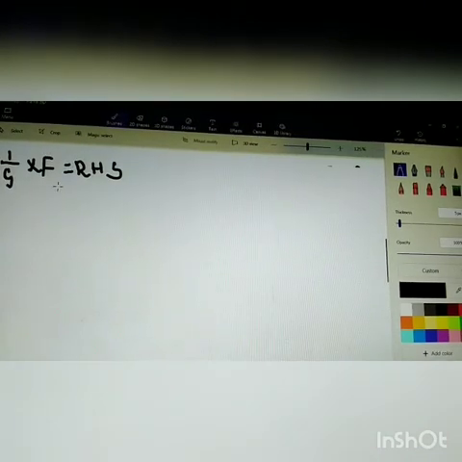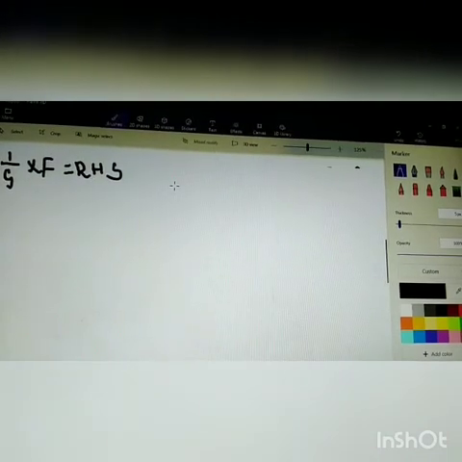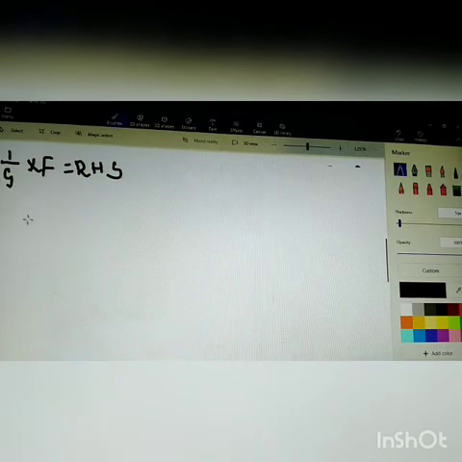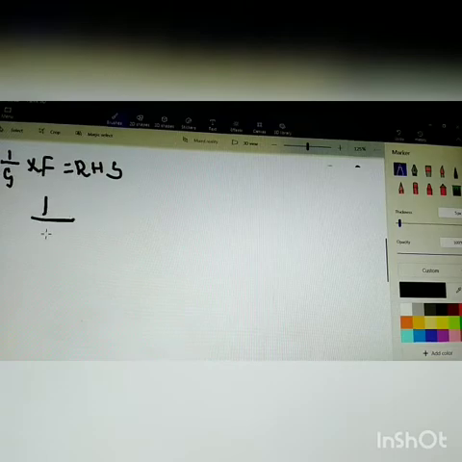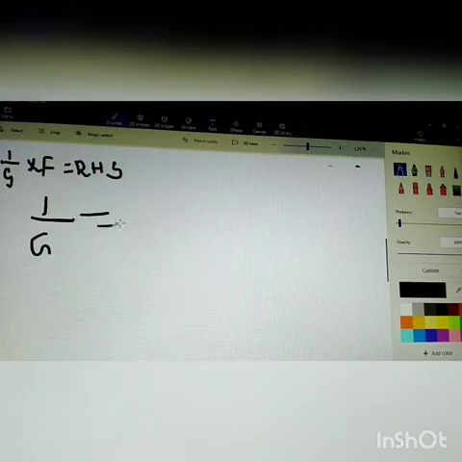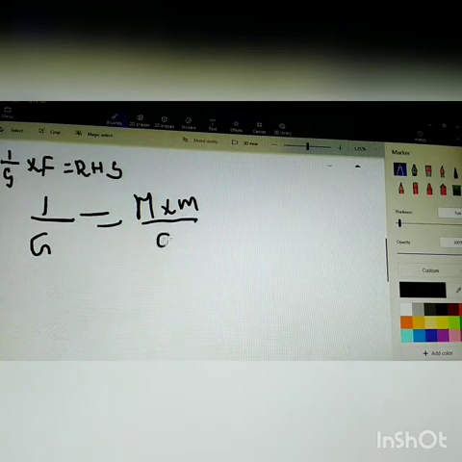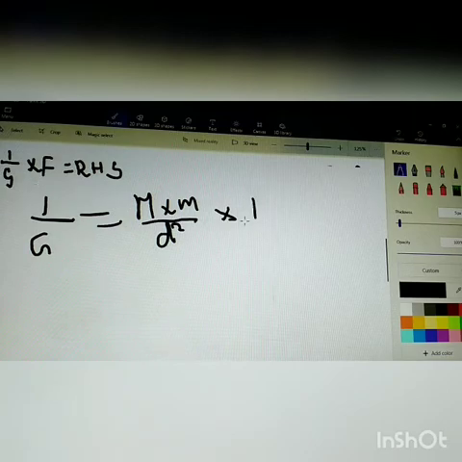So 1 by gravity will be as it is, and this force will go to the right hand side, meaning that 1 by gravity will be equal to mass into the other mass divided by distance squared, into the F will become 1 by F.